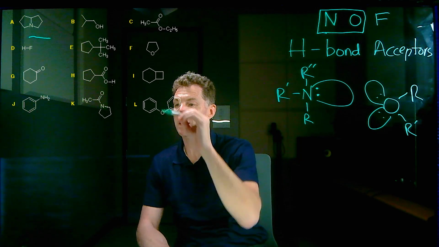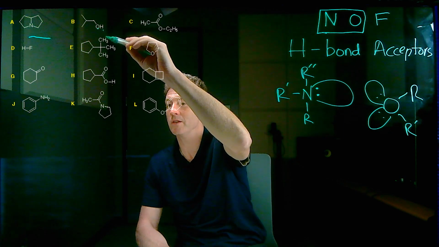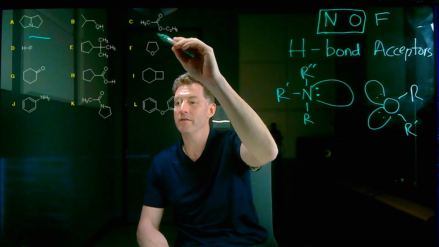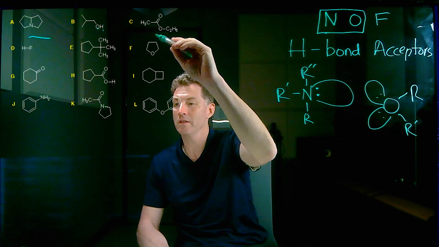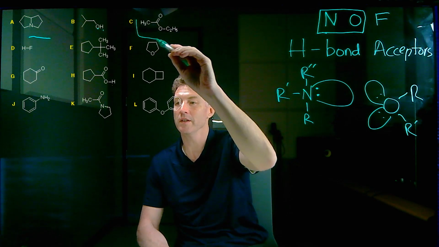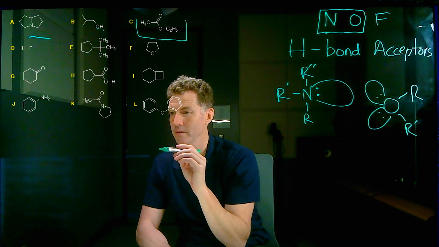In the case of B, we have an oxygen-hydrogen bond, so that won't work because it's also a donor. As you go to C, we have oxygens bonded to other carbons, but there are no OH bonds. So this would meet the criteria of being an acceptor, but not a donor.